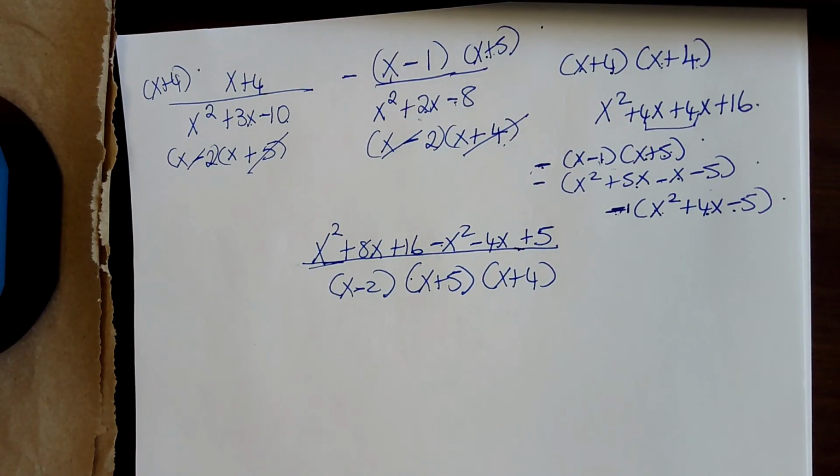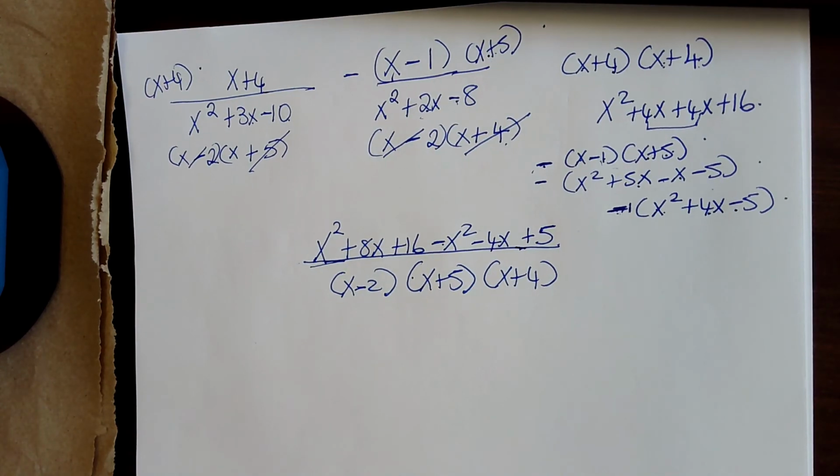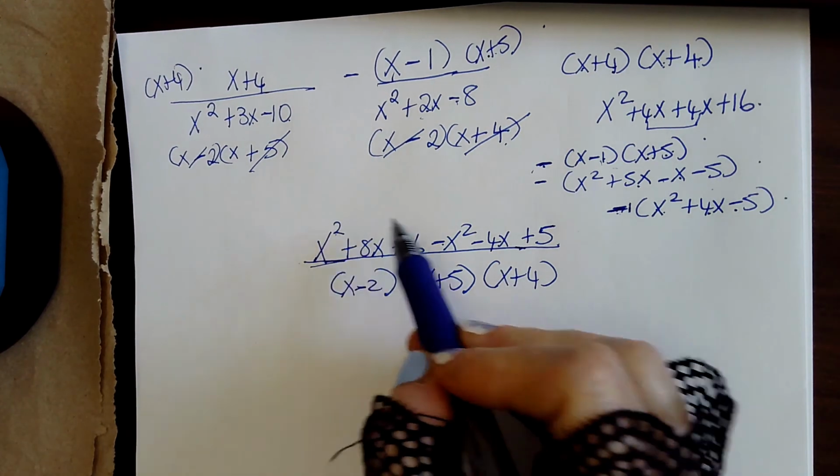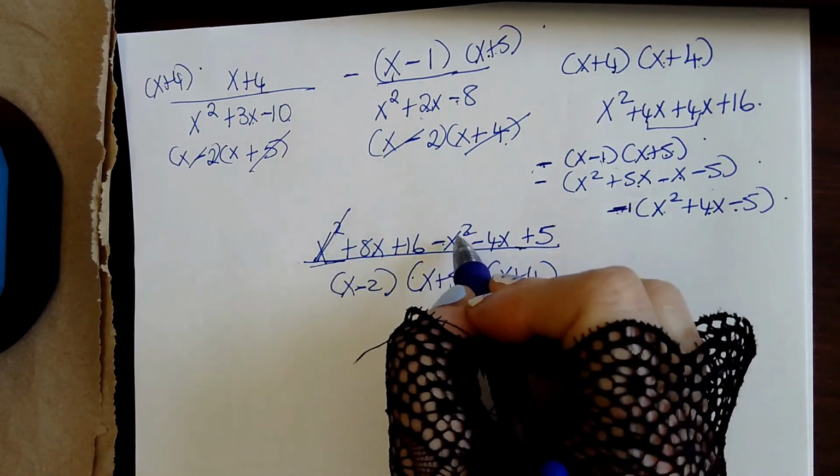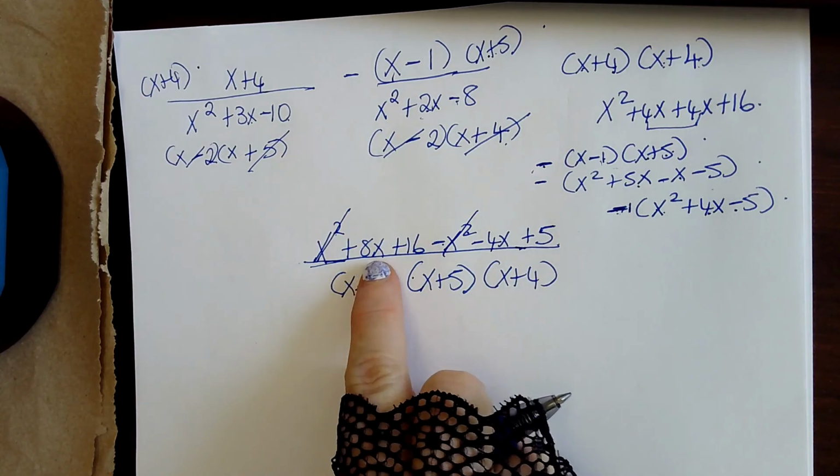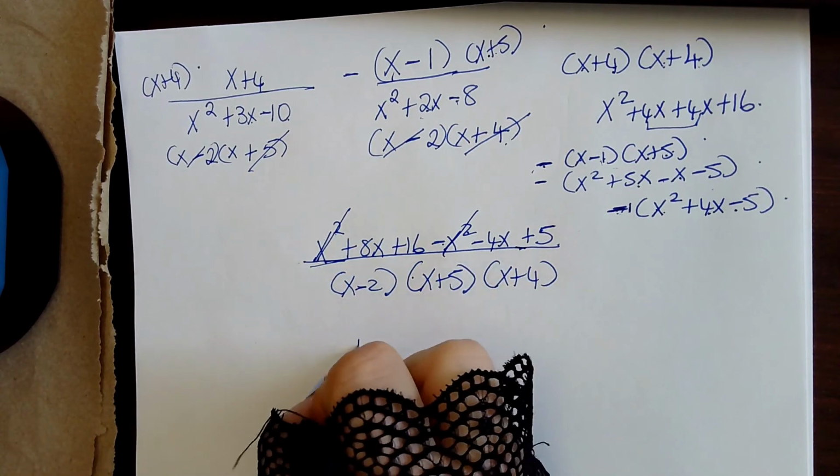Okay, so now to simplify, we look here. x squared and minus x squared, they're going to cancel. 8x minus 4x is 4x.